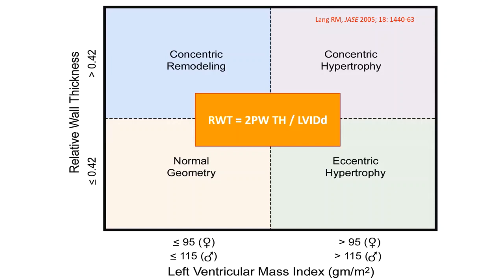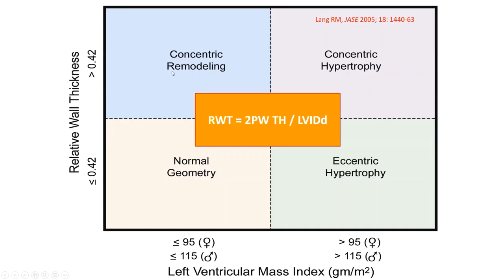You won't be tested on that, but this is good to know. And the population will also have a fair number of patients with concentric hypertrophy, a thick-walled ventricle. Fewer people will have eccentric hypertrophy, and there'll be a good chunk of people who have concentric remodeling.